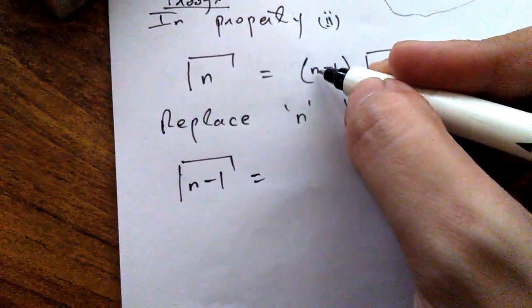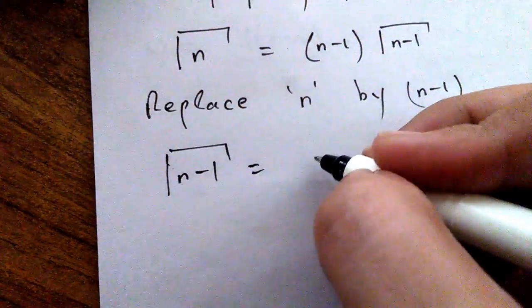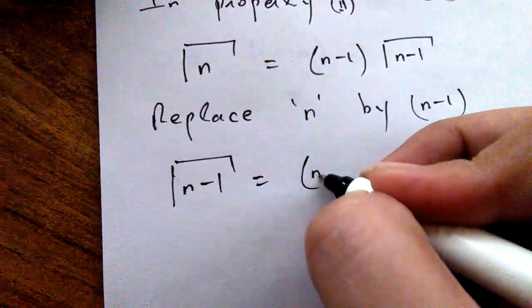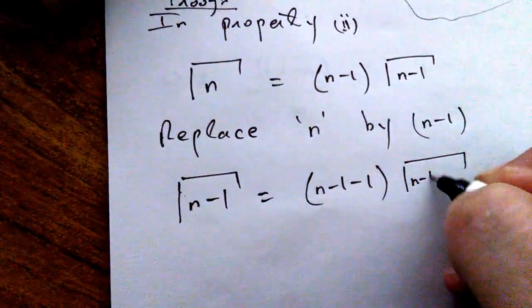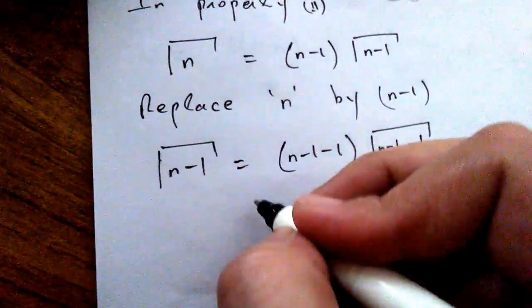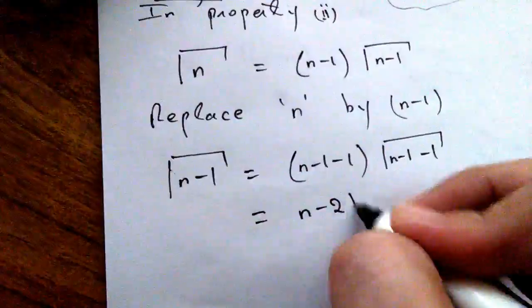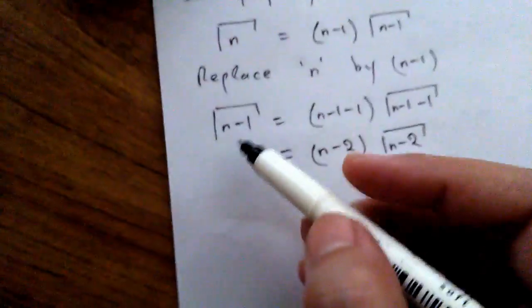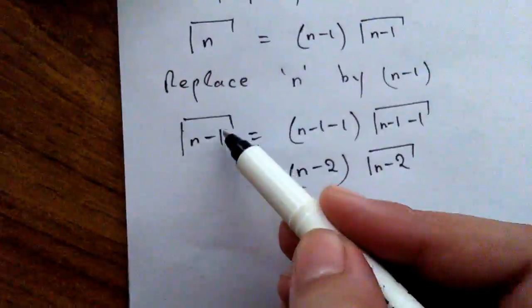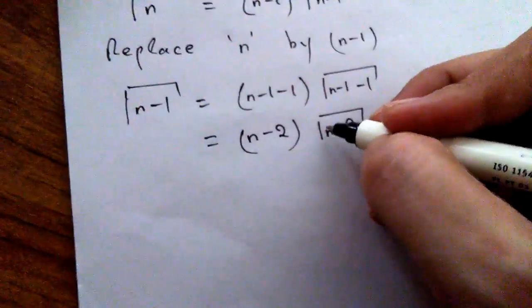At the place of your n, you're writing n minus 1 minus 1, integral n minus 1 minus 1. So it is now n minus 2 into gamma function of n minus 2. All right, so you see the gamma function of your n minus 1 is equal to this.